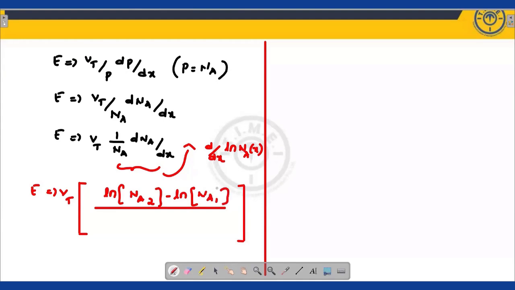Which is pretty important, so we need to represent the values. On the denominator, it becomes log 10 base. Or we can say simply that I am writing the parameters.